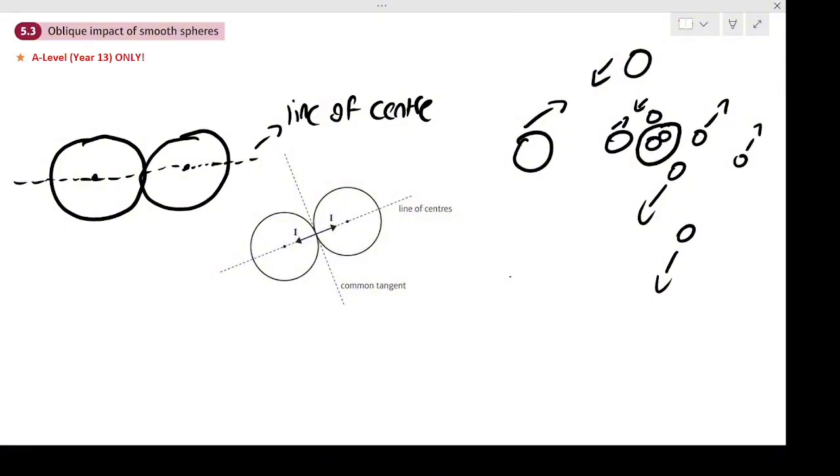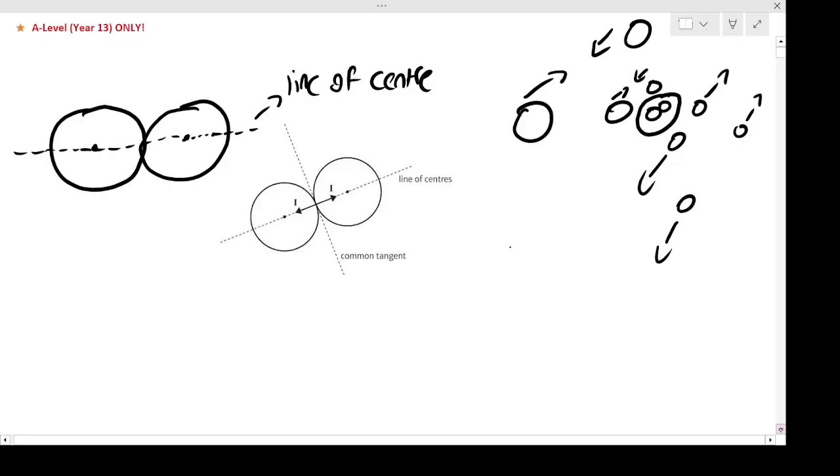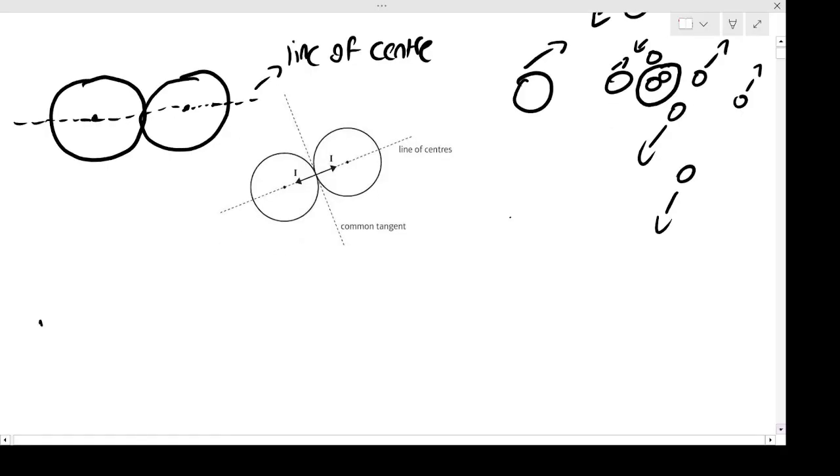I'm not going to go on much longer about this. I want to jump into examples because I think it's the best way to understand this. But the last point I'm going to make is that everything acts parallel to the line of centers. Everything acts along the line of centers. What I mean by that is momentum and restitution and impulse. This I here is the impulse.